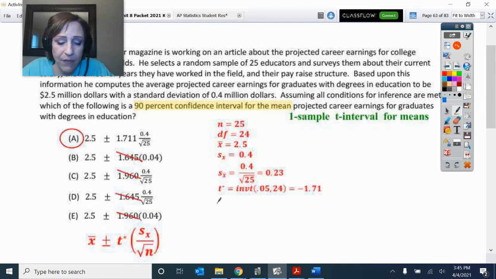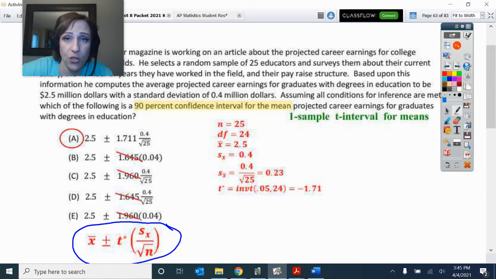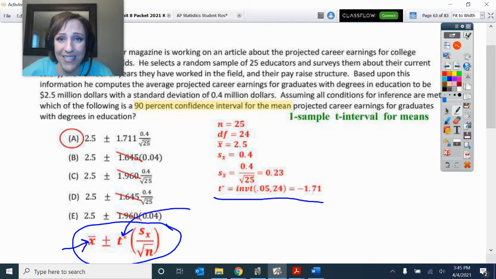Now, if I want to get my critical value, here is the formula that you need to do the interval. There is your sample mean right here. The critical value comes from inverse T of 1 tail.